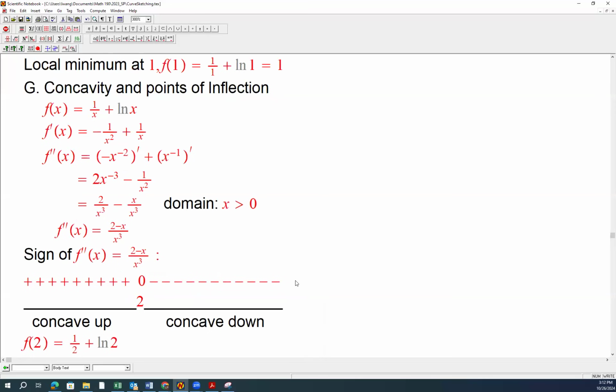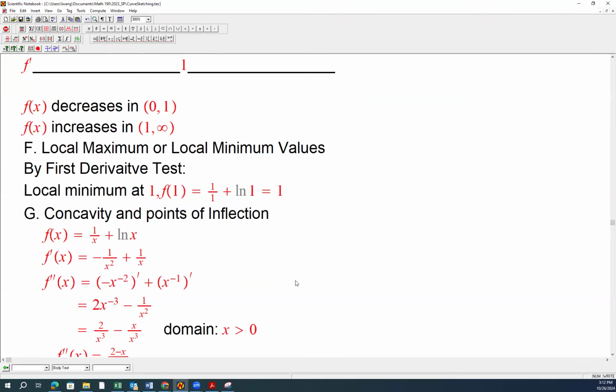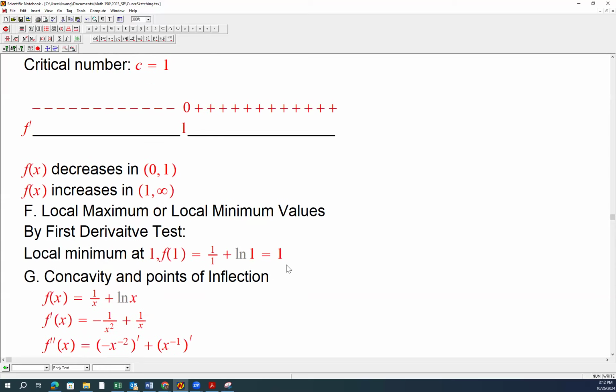Let's look at what we have. We have a local minimum, sorry, yes, a local minimum. F of 1 equals 1, so the local minimum is 1 comma 1.